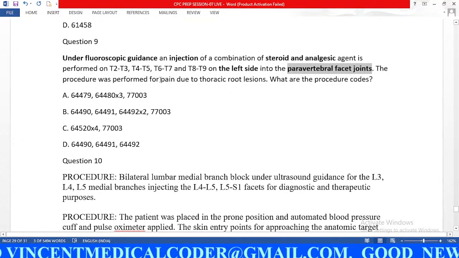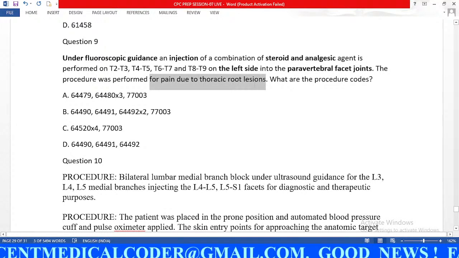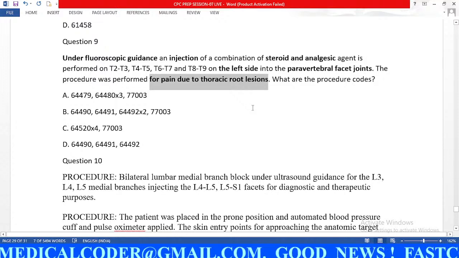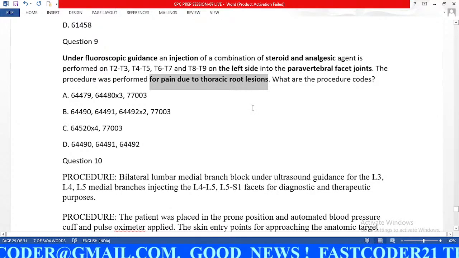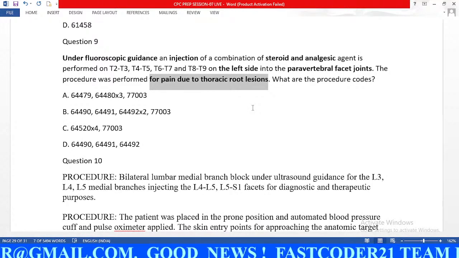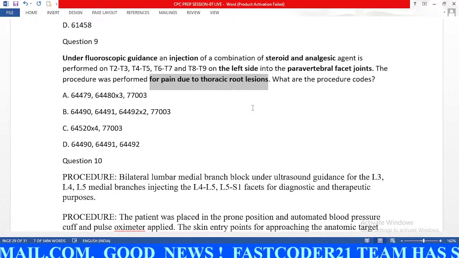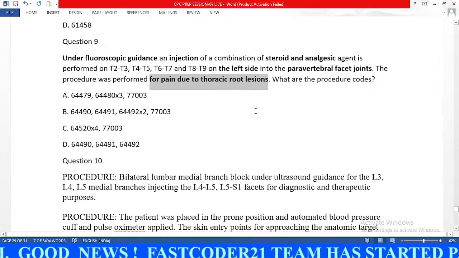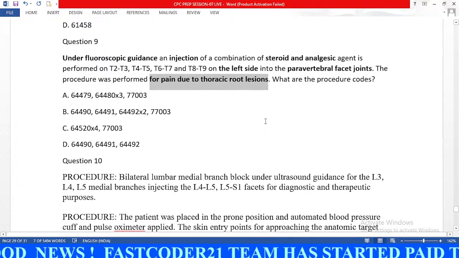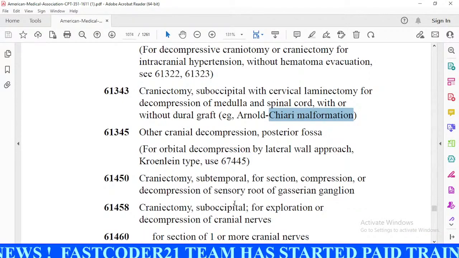As we discussed, this is a pain control or pain management procedure. Rohit knows more about this one as he is doing pain management coding. So we will check 64479 first.